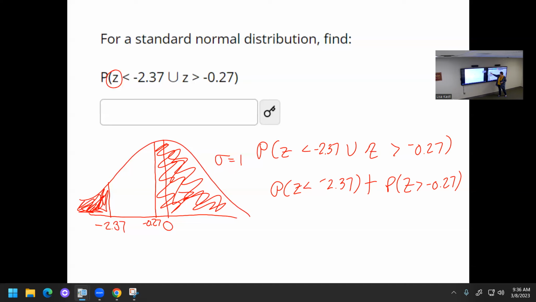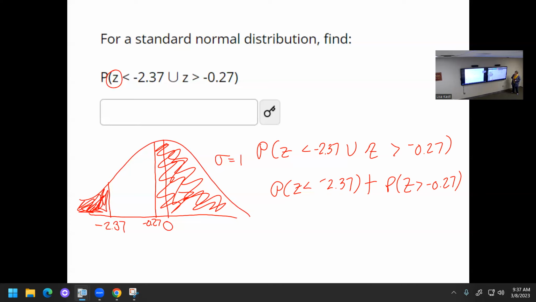So 1 times 10 to the 99. Okay, so now we're going to paste that in. And I get 0.6153138. So the probability that I get a Z-score purely at random less than negative 2.37 or greater than negative 0.27 is 0.6153.